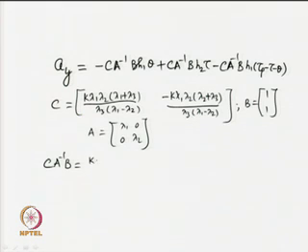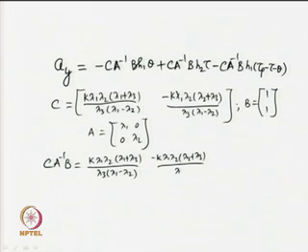k lambda 1 lambda 2 lambda 1 plus lambda 3 upon lambda 3 times lambda 1 minus lambda 2, minus k lambda 1 lambda 2 lambda 2 plus lambda 3 upon lambda 3 times lambda 1 minus lambda 2, multiplied by A inverse B. So, A inverse B will be 1 upon lambda 1 and 1 upon lambda 2.